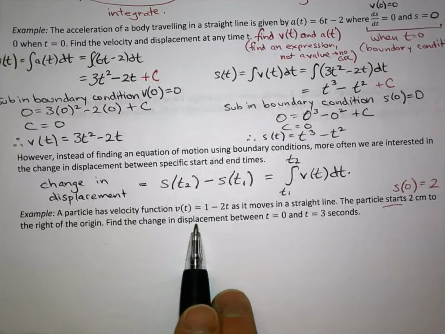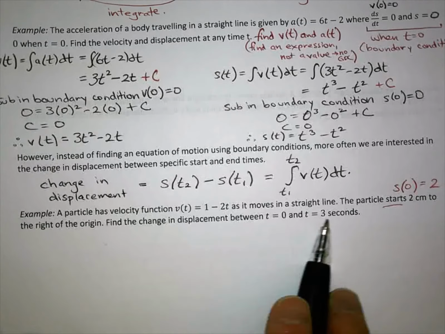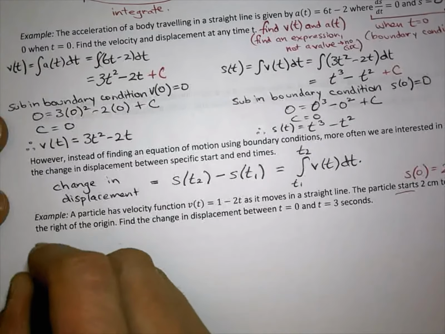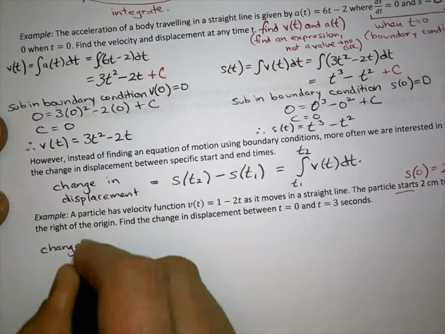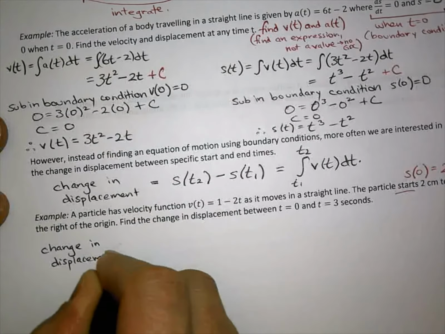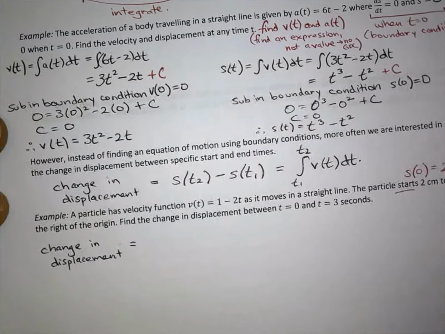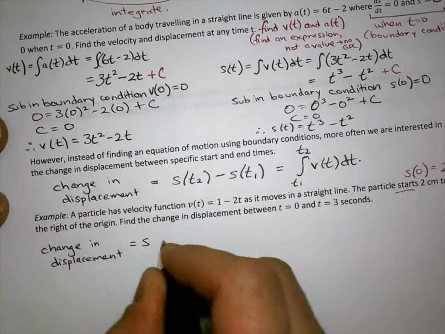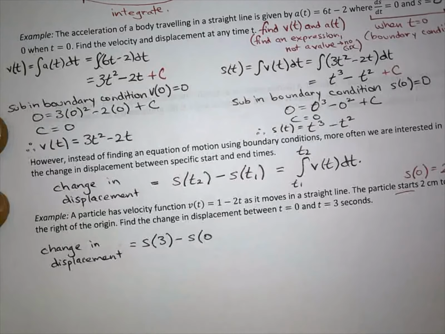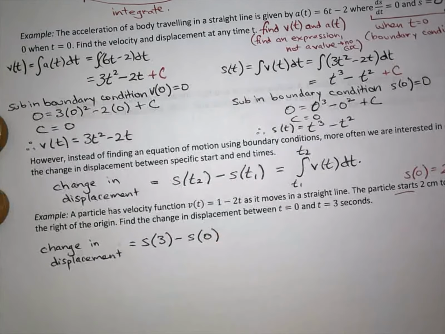Find the change in displacement between 0 and 3 seconds. So change in displacement is equal to, okay, well, I want to know what the displacement is at 3 seconds and find the difference from what the displacement was at 0 seconds.